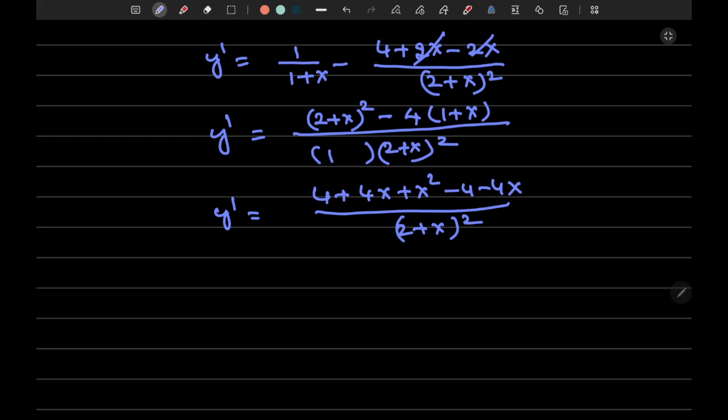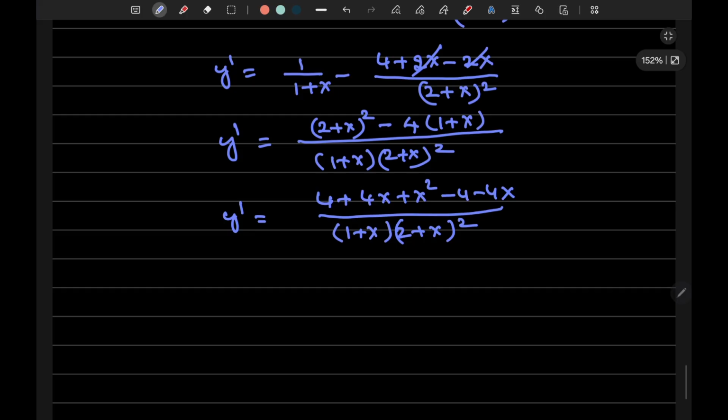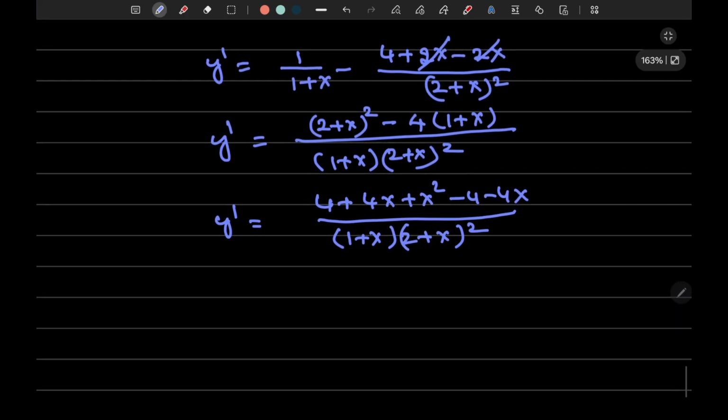In the denominator here, 1 plus x is also there, no? LCM is nothing but just like cross multiplication. So here 2 plus x whole square, minus 4 times 1 plus x, by 1 plus x into 2 plus x whole square. Here 4 and 4 cancel, 4x and 4x cancel. Y dash is equal to x square by 1 plus x into 2 plus x whole square.